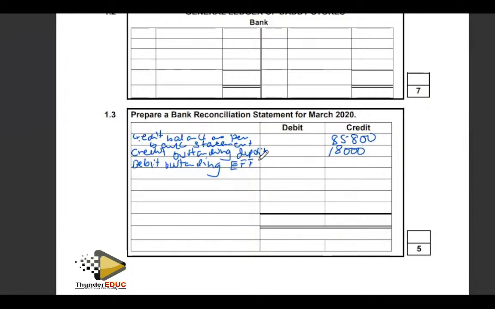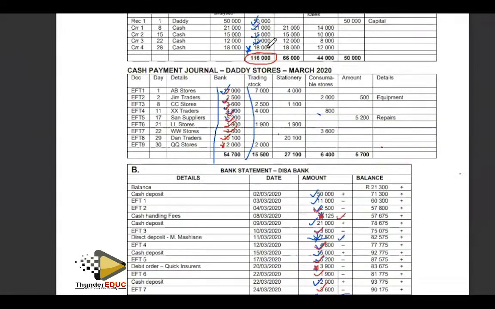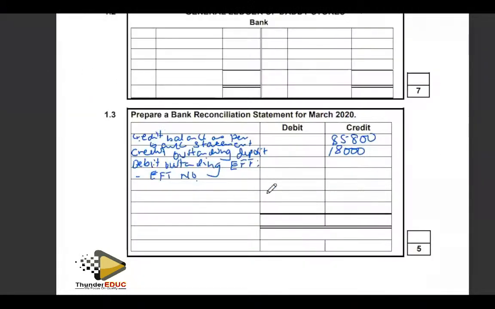Right. So we are going to list the EFTs here. One, we have EFT number, let me check. Sorry, EFT number 9, yeah, EFT 9. This is EFT number 9.